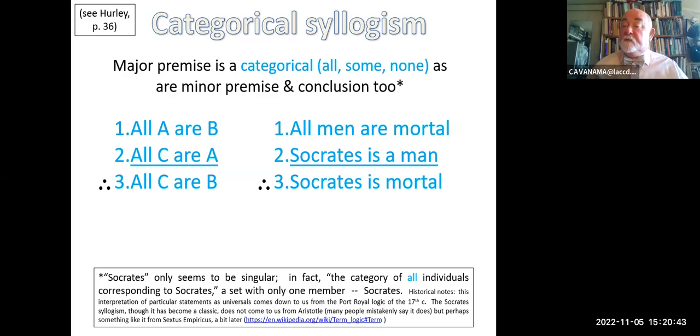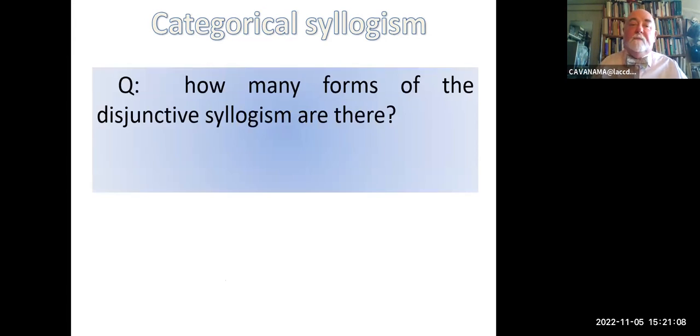So there's an implicit all in this minor premise and this conclusion, as well as explicitly. So this does technically count as a categorical syllogism, even though in English grammatically we seem to be speaking singular. We're really speaking of Socrates as a member of the category Socrates. Well, that minor point we'll come back to.